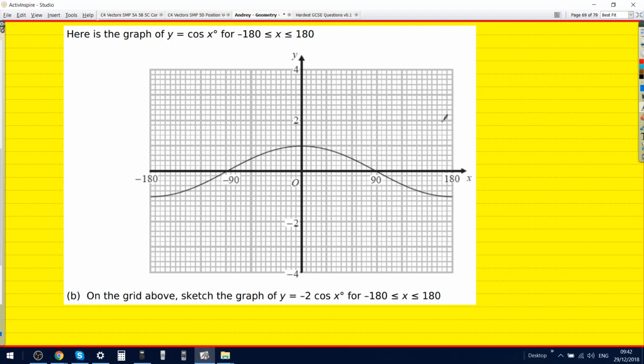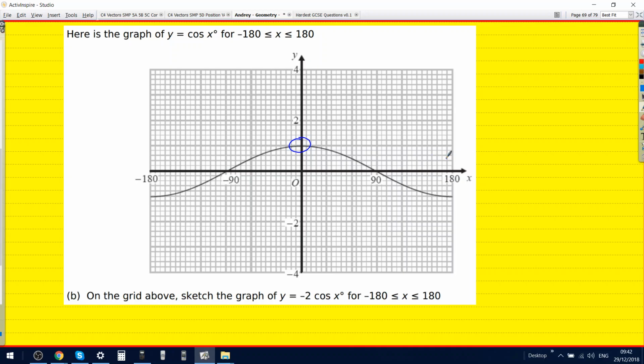It would be minus 2 on the y coordinates. Right. So let's say this one. What's going to happen to that? So that's like 0, 1.